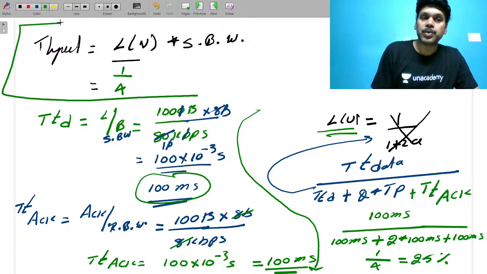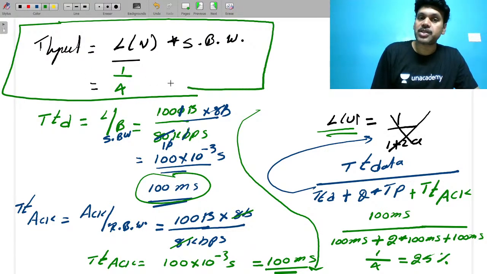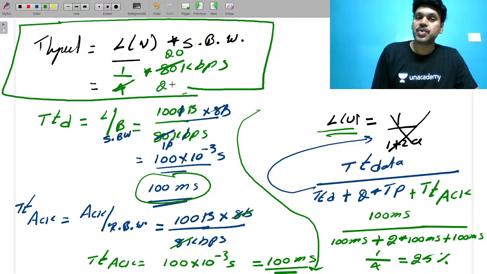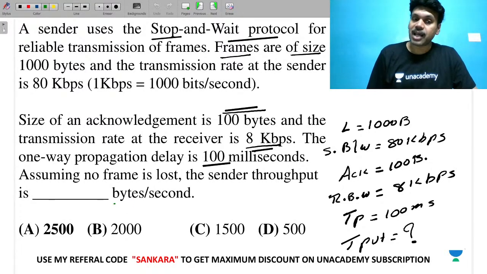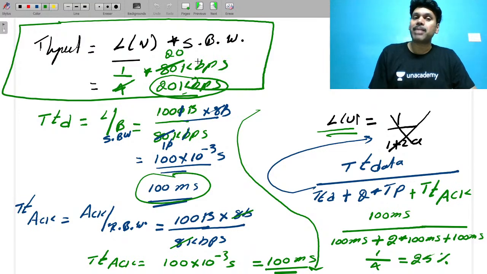Now I am doing the throughput. Your throughput is 1 by 4 link efficiency into sender bandwidth, 80 kilobit per second. So you got 20 kilobit per second. This is your answer. But he is asking the answer in the form of bytes. How are you going to get the bytes?